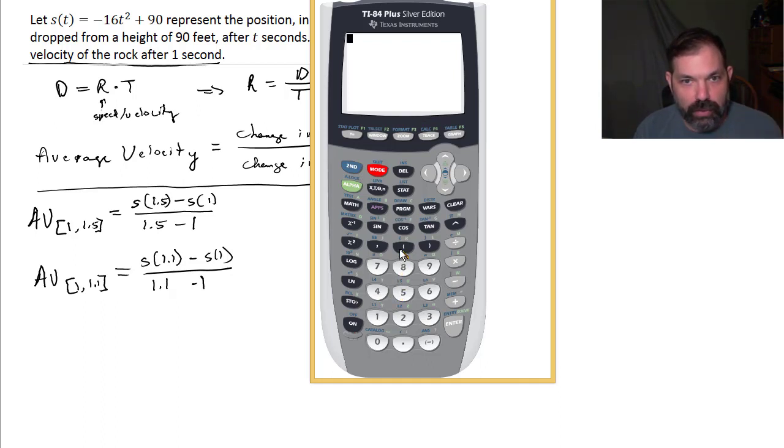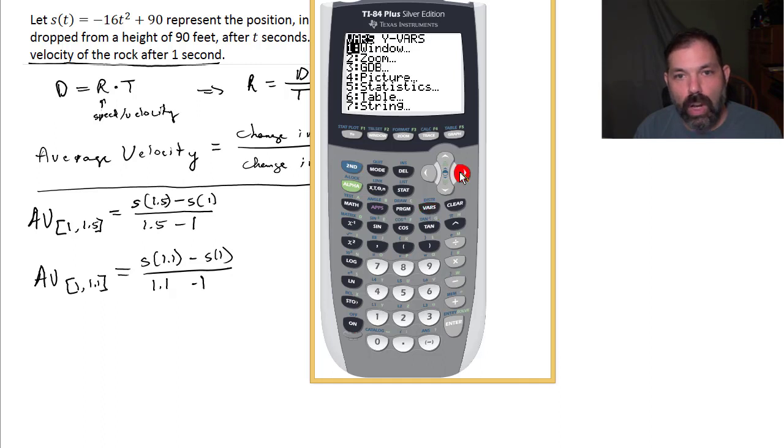Let's put in parentheses for the numerator. I want y1, so go to the variables, go to the y variables, hit enter for function, and there's the y1. y1 of 1.5. Close that off. Subtract. Now I need y1 of 1.